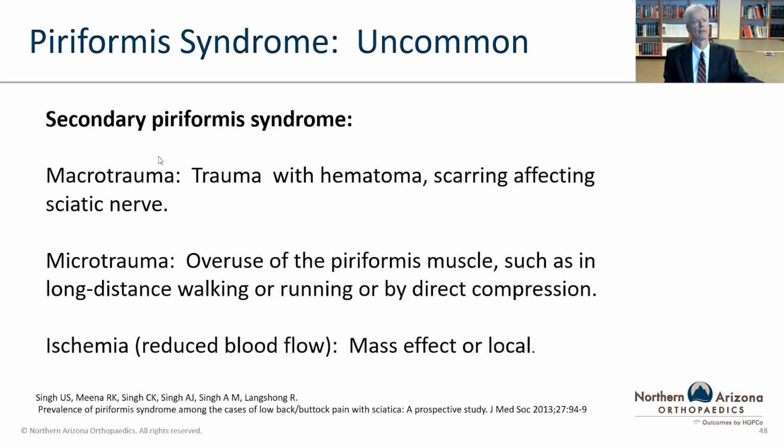You can have scarring affecting that nerve. That's macro, meaning big. Micro, meaning small, more microscopic: overuse of the piriformis muscle, like long distance walking or running, or direct compression, like prolonged sitting, wallet syndrome. Those have been described. Ischemia is a fancy term for reduced blood flow, and that could be from mass effect, maybe from compression, etc.